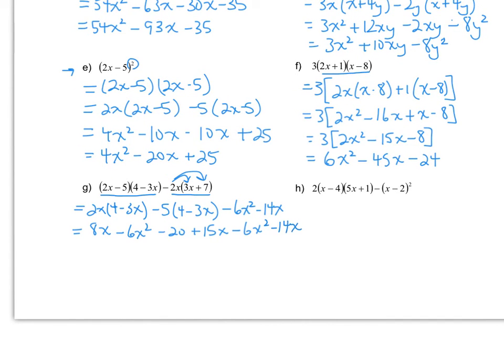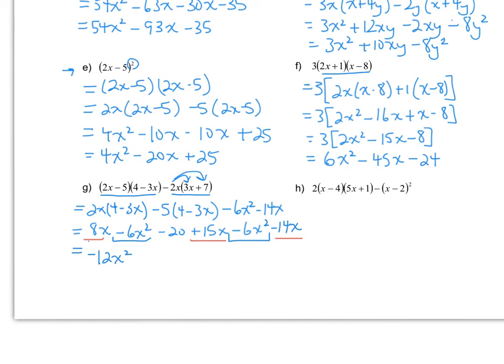And now I'm going to collect like terms. I'm going to put my x squared terms first because we tend to write these in descending powers of x so that we know what our degree is. It's going to be a minus 12x squared, degree of 2. I have an 8x, and then I have a 15x. Putting those together, that gives us 23x.